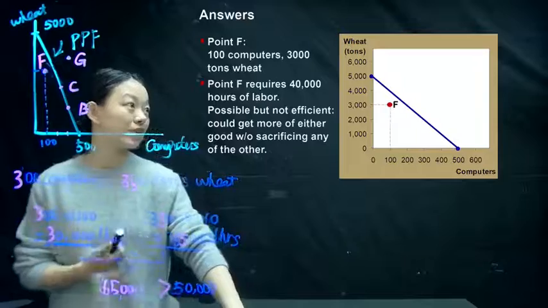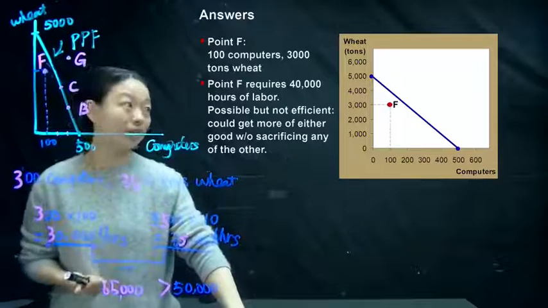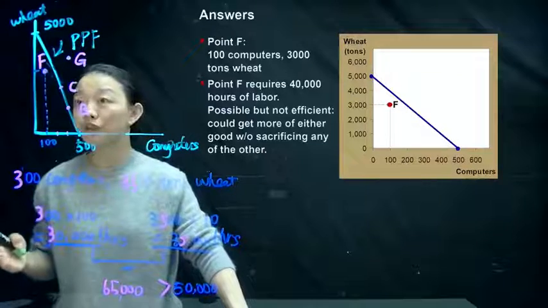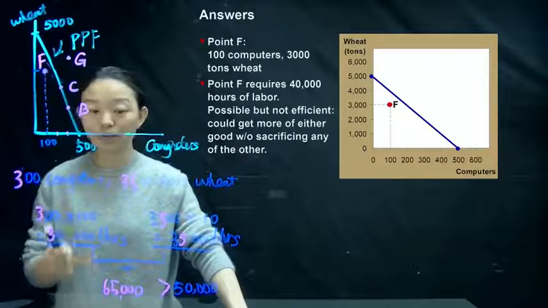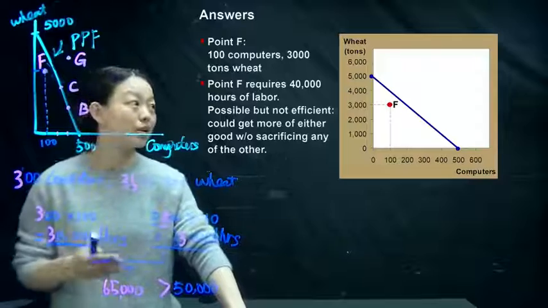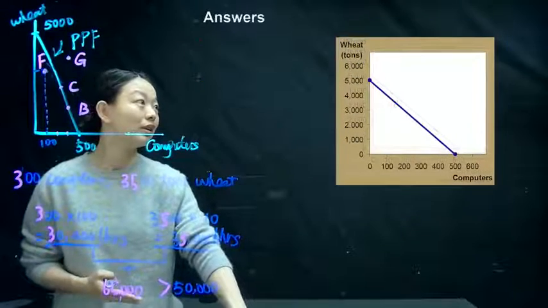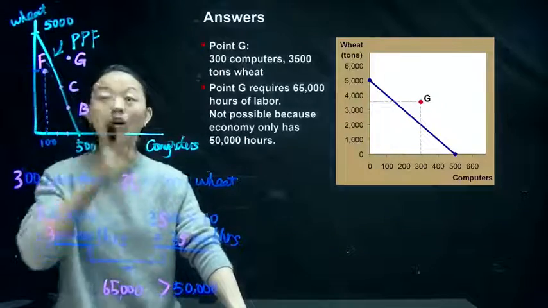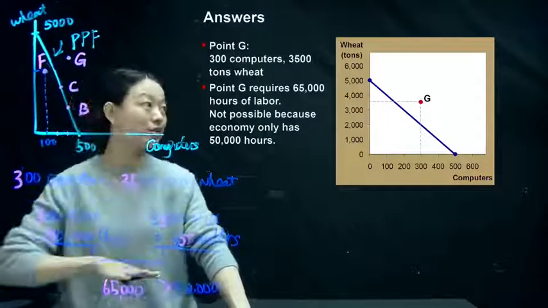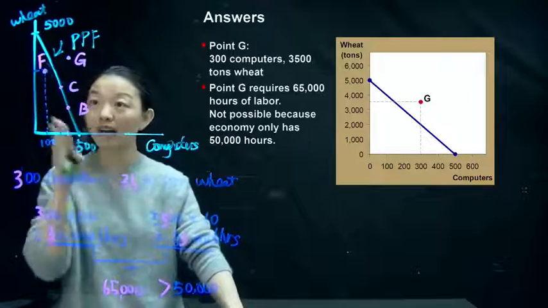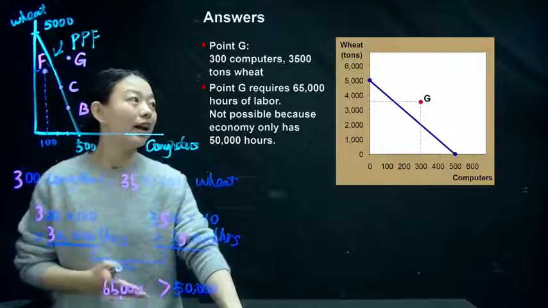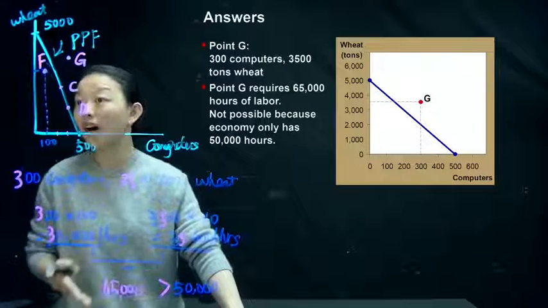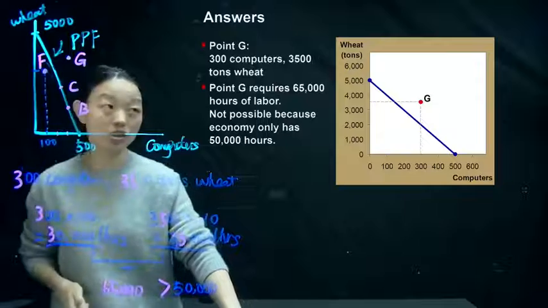Like the point F here, this economy is able to produce it, however, it cannot fully utilize all the labor hours, so it is not efficient. For point G, if you put it on this graph, you will see point G is already outside the given PPF. It's good to produce, however, based on the current economic situation, we cannot make it at point G.